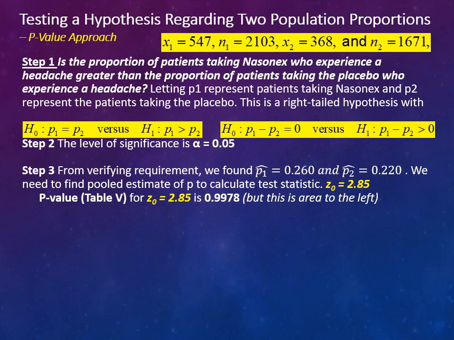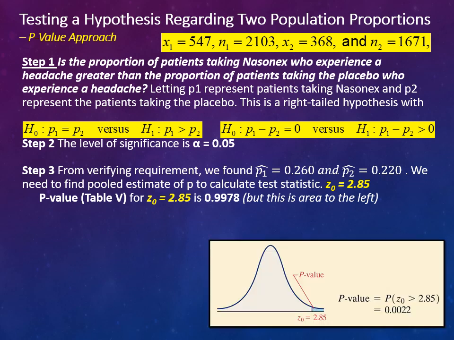So if we look in the larger table for the z0 score of 2.85, we get 0.9978. But remember that these p-values are the area to the left of that z0 score. So that's this area over here, and we're looking for the area to the right of this.